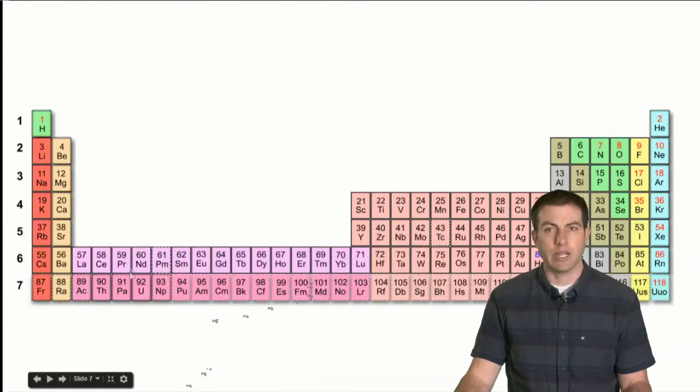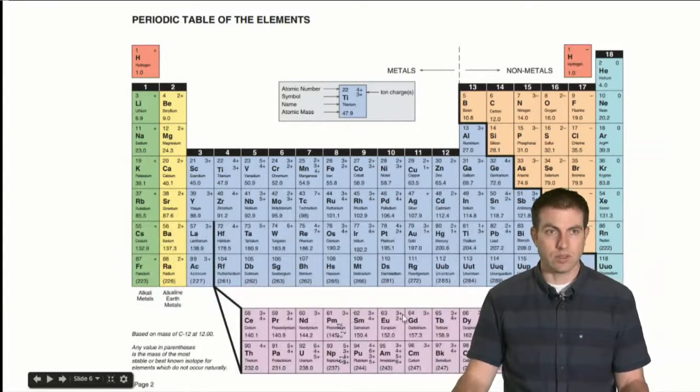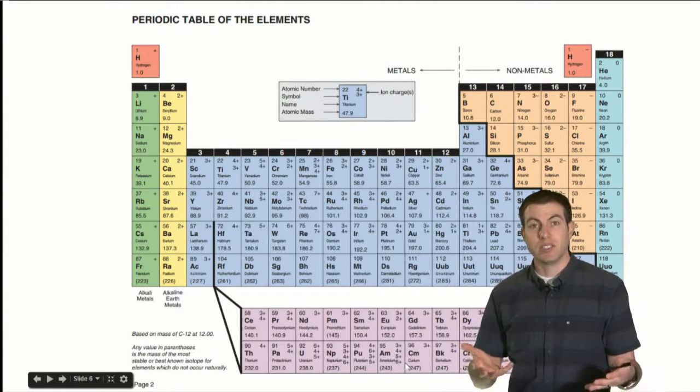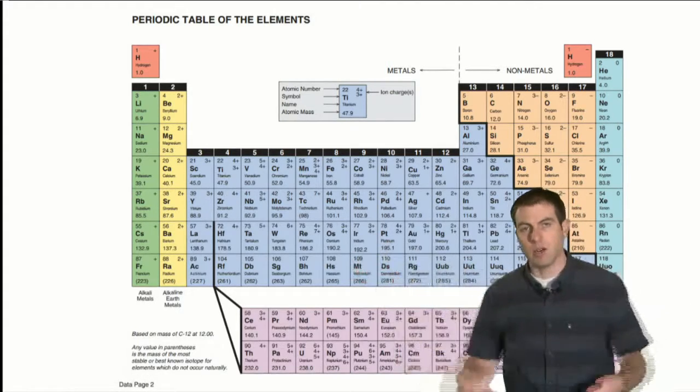We call them the lanthanides and the actinides. We've dropped them down below. So there's all this stuff kind of behind me here. These are all that middle part of the periodic table, but you can see that it wouldn't fit on a page if we cut that down the middle and spaced it out.